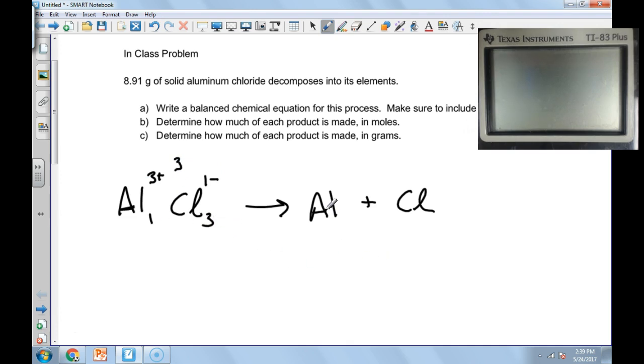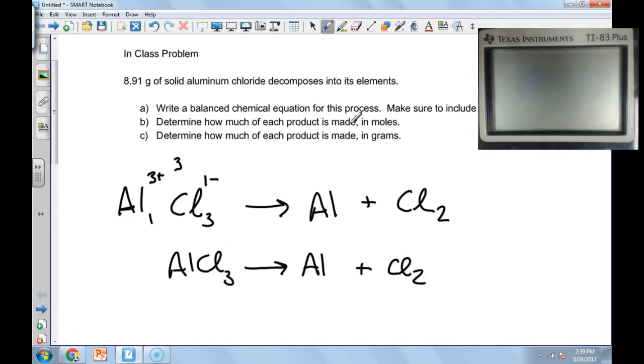Aluminum is a solid, and chlorine, Cl2, we find as a gas, and it's diatomic. So the chemical equation for this is AlCl3 reacts to form Al plus Cl2.